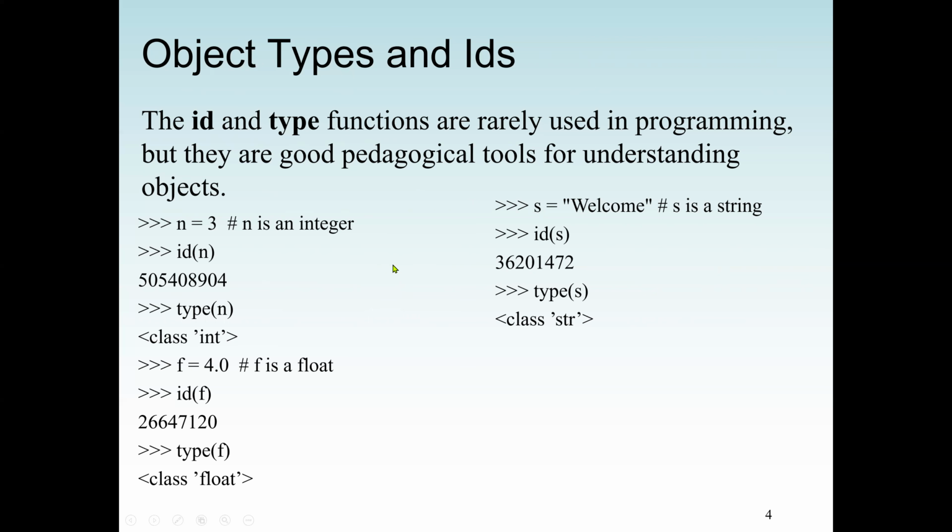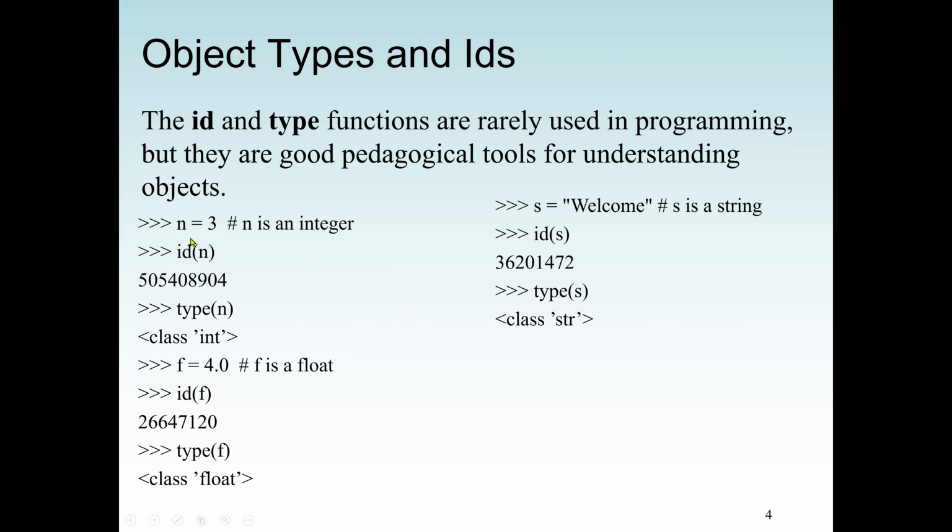For example, in the Java programming language, when we declare a variable, we have to state the type of data that can go into the variable. With Python, we don't need to do that. When we have a variable, its content tells us the type of data or the type of object. For example, here we have n equal to 3.